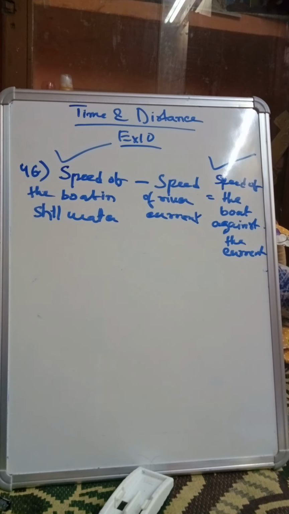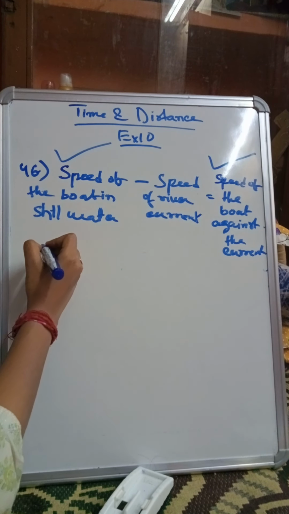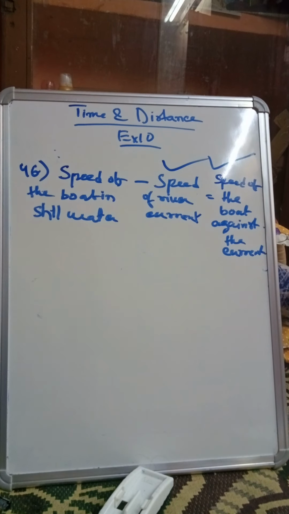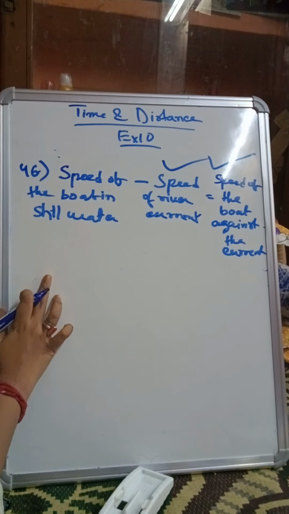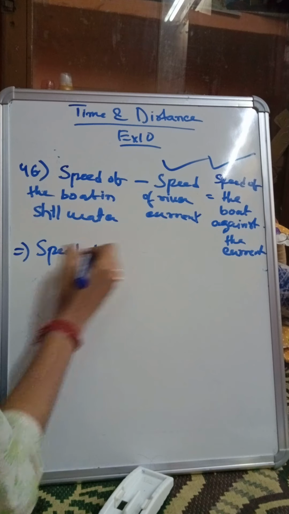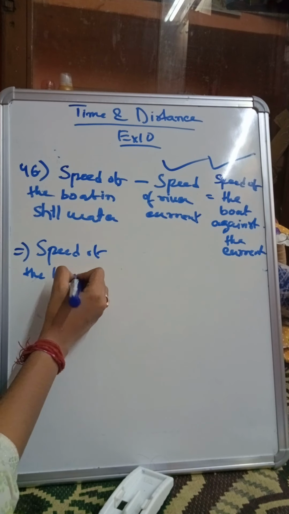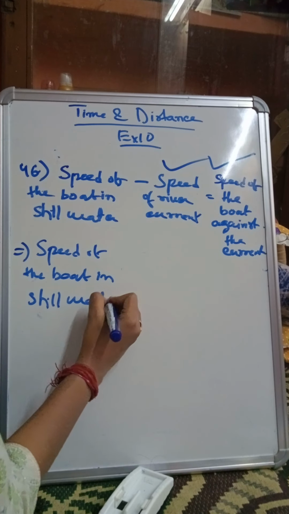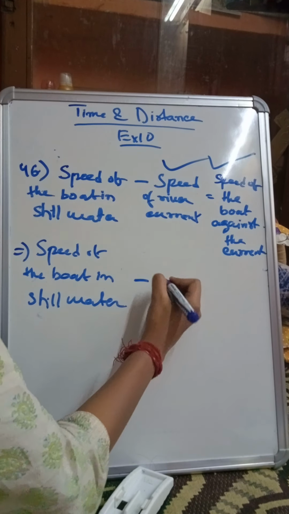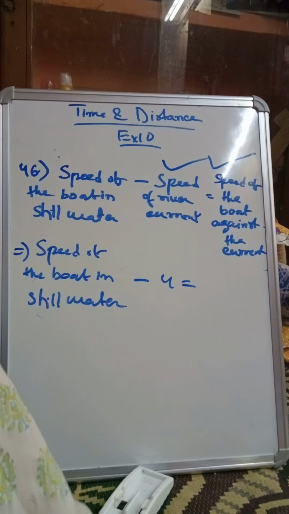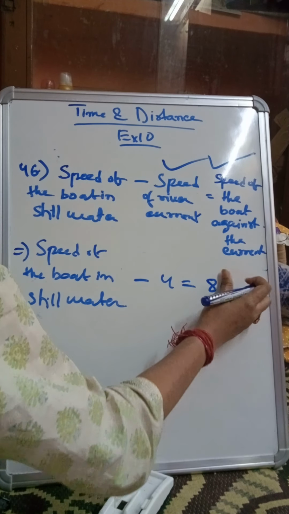So what is the speed in still water? We don't know this, we know this and this. We need to find this out. We know the speed of the river current is 4 kilometers per hour, and the speed of the boat against the current that we calculated is 8 kilometers per hour.